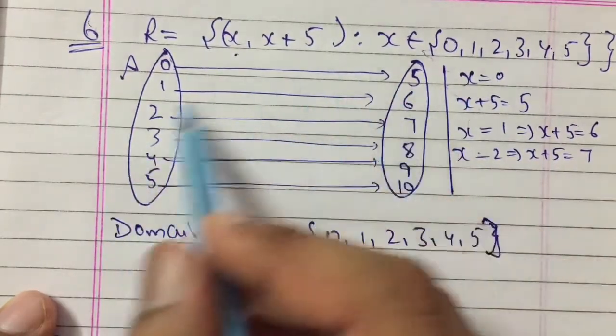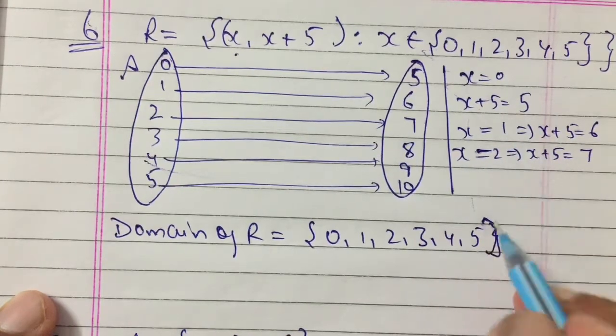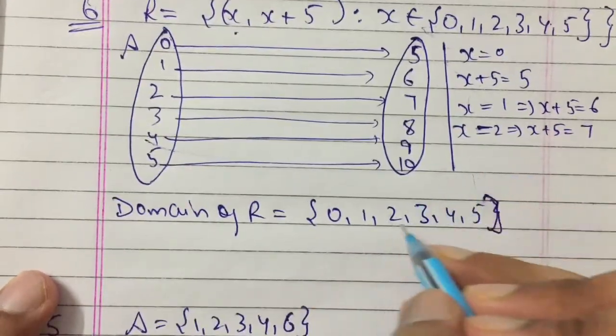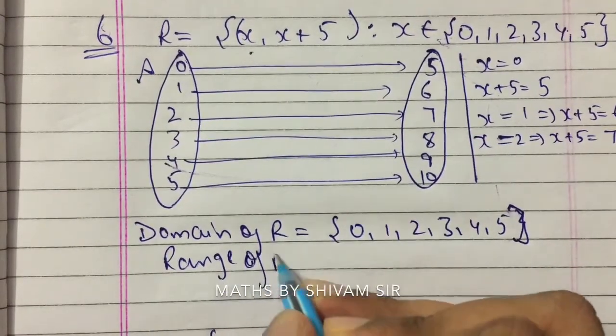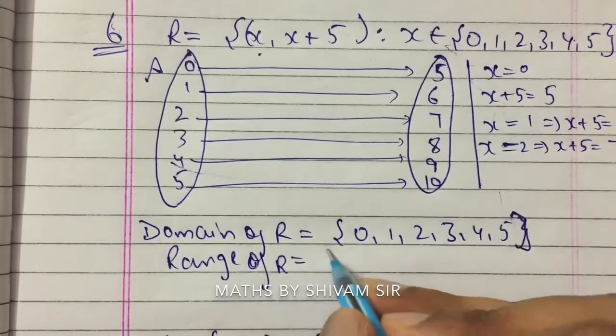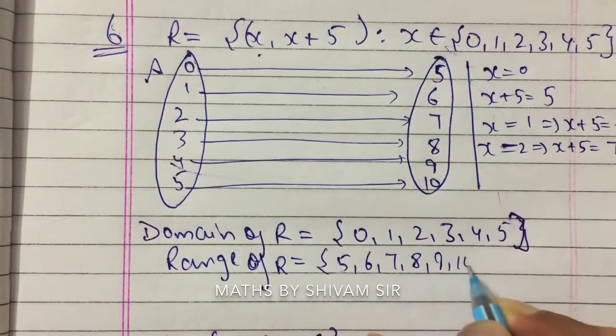This is just to make you understand. So this way is very useful. This way it is more convenient. So domain of R is this, range of R is equal to 5, 6, 7, 8, 9, 10.